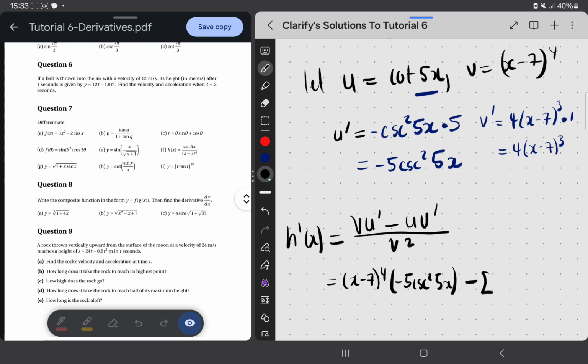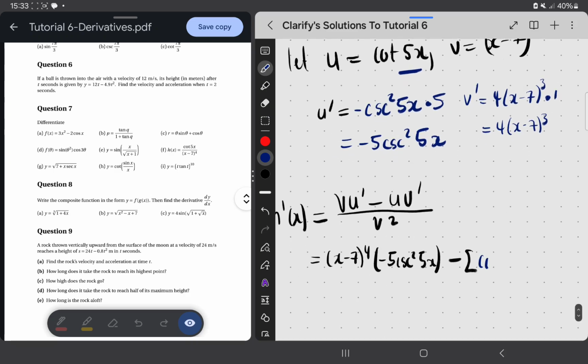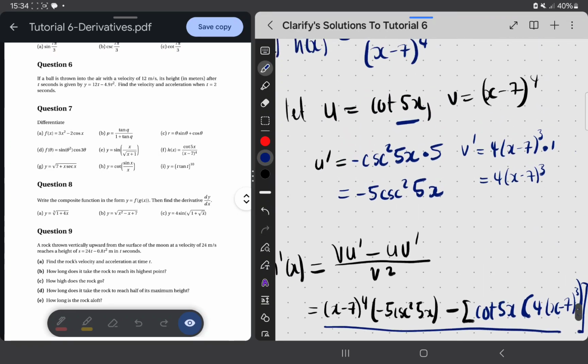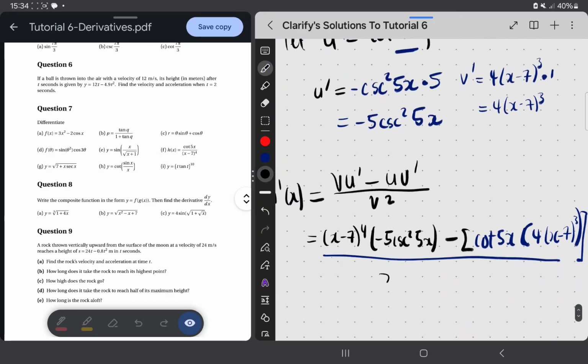Minus, now we put it like this because we want to cover this whole u times v prime. What is my u? Cot 5x times v prime. V prime is 4 multiplying x minus 7 to the power of 3. So this whole thing is just being multiplied. Then you put your square bracket, and it's all over square the bottom, which is v, x minus 7 to the power of 4 all squared.